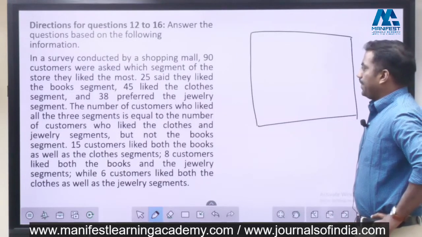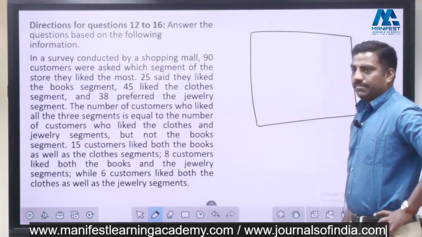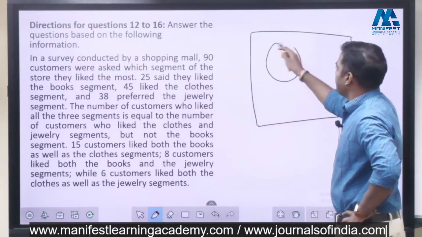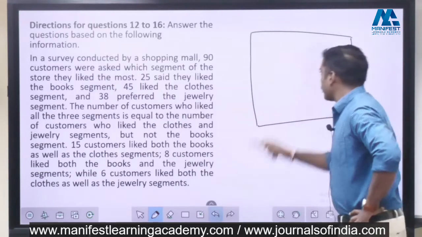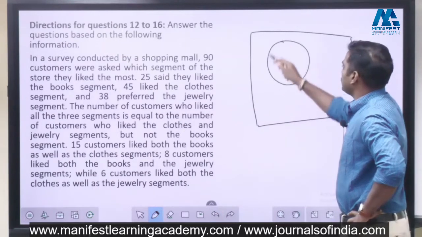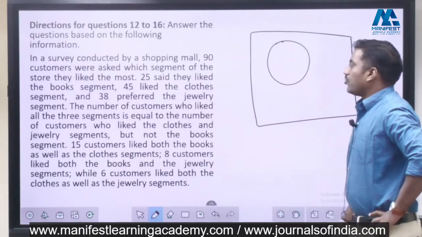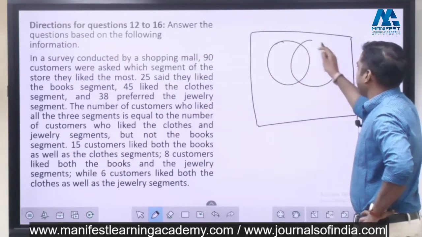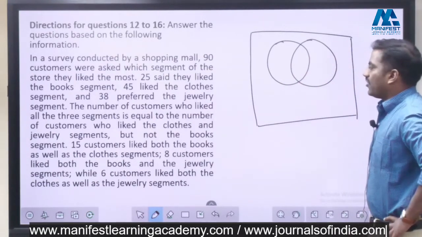25 said they liked the book segment. So books are there. Then 25 liked the clothes segment. Even clothes are there. Then 38 preferred the jewelry segment.